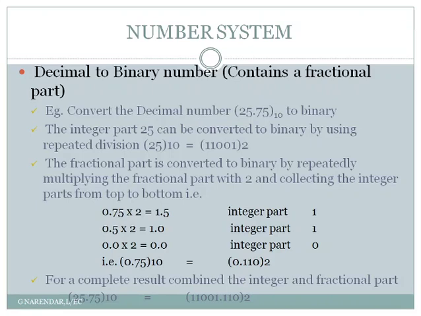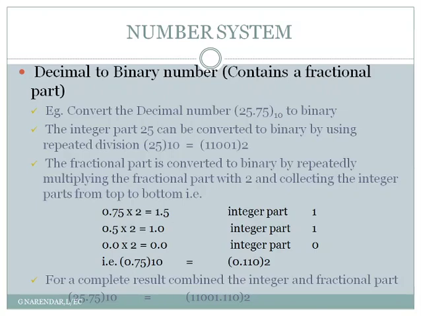One is to convert the integer part of the decimal number to binary separately, and the second part is to convert the fractional part of the decimal number to binary separately. And then finally we have to combine the integer part and fractional part.